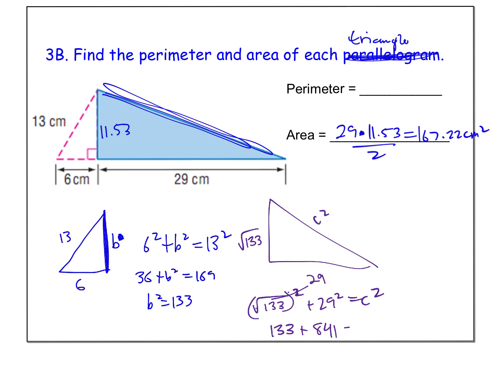So that's why I do it. So c squared equals 974. Take the square root, so that becomes 31.21. Then if I add those three together, I get 71.74 centimeters. That's my answer.